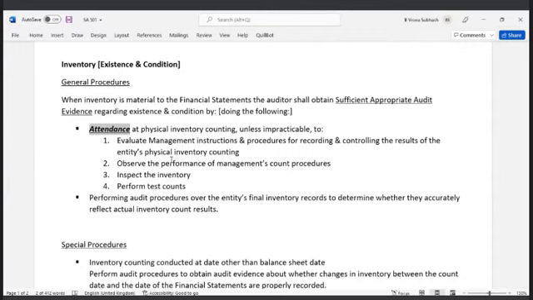When they are counting, please understand me carefully. When the client is doing the counting, you need to be physically present and ensure that they are counting properly and make your own notes. That's all. You are not supposed to do the physical verification.